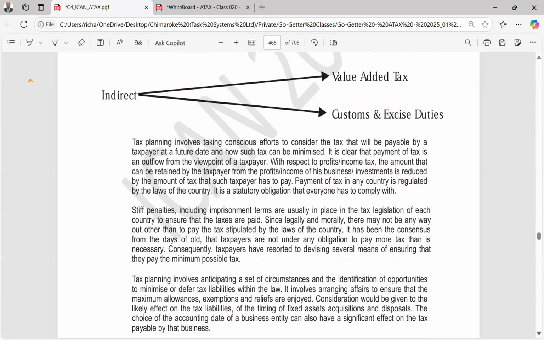Now, tax planning, as we said, is when you arrange your affairs to pay the correct tax. It involves taking conscious efforts to consider the tax that will be payable by the taxpayer at a future date and how it can be minimized.